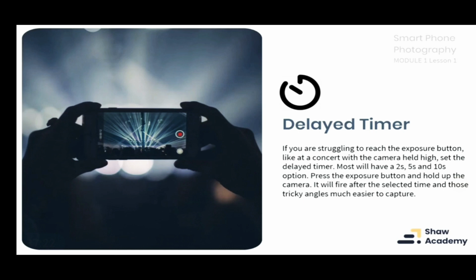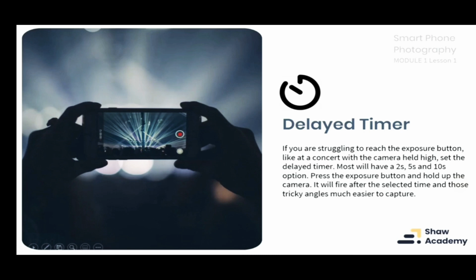So what I said to her was if she used the 2-second timer, so in other words you press the shutter button, it'll fire after 2 seconds. That gave her enough time to hold the camera or the phone above her head, above the crowd, to get the shot without struggling to try and reach it. And that way her shots were a lot sharper, a lot steadier, and she got some really terrific photographs. So do check that out.